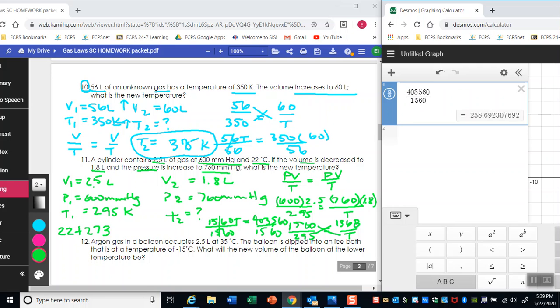All right, and then my new temperature is, and my old temperature just had 3 significant digits, so that'd be 258, and then 0.6, though, means I'm going to round that up to 259. So 259 kelvins. All right, so I needed a little more space there. Oh well.